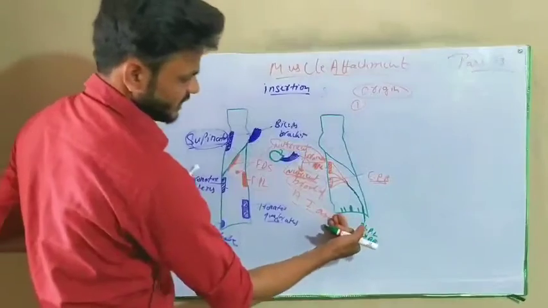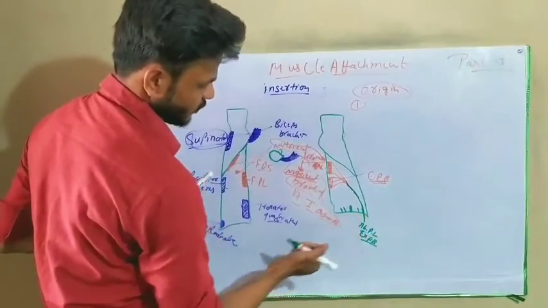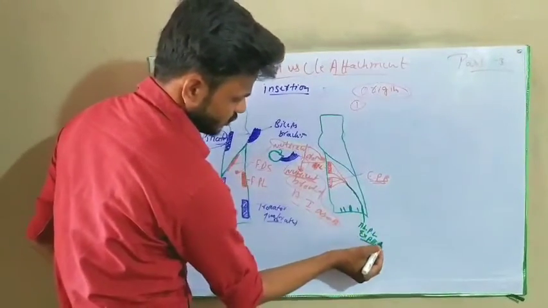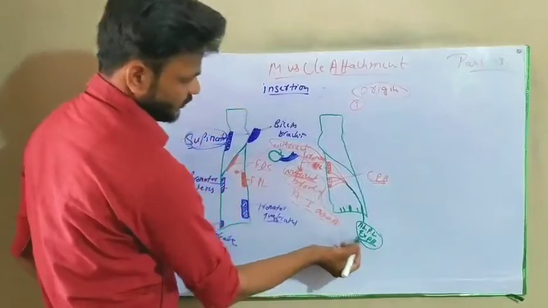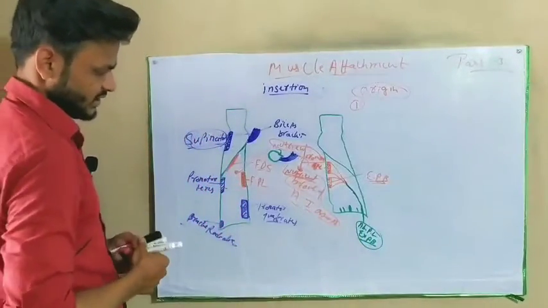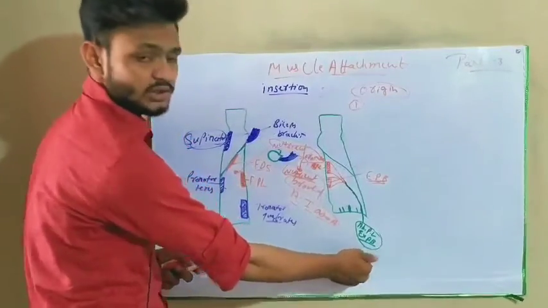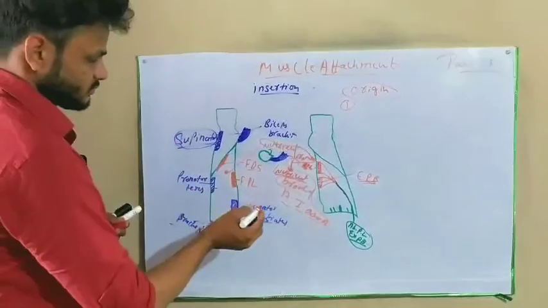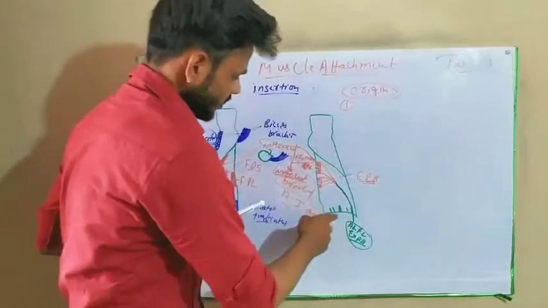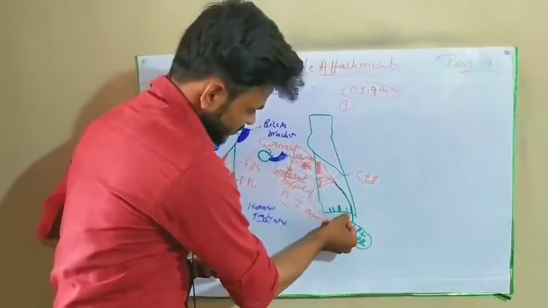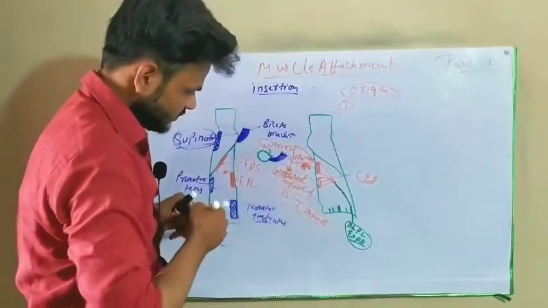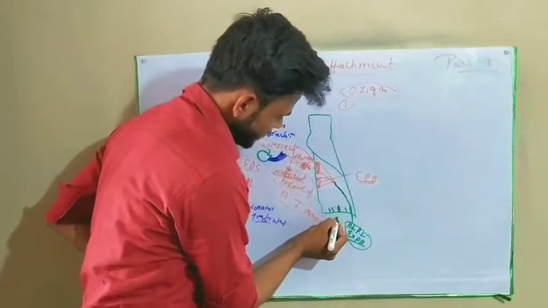On the posterior surface there are four grooves, 1, 2, 3 and 4. Through this groove two muscles' tendons pass. These tendons are abductor pollicis longus and extensor pollicis brevis. And through this second groove two tendons will pass.